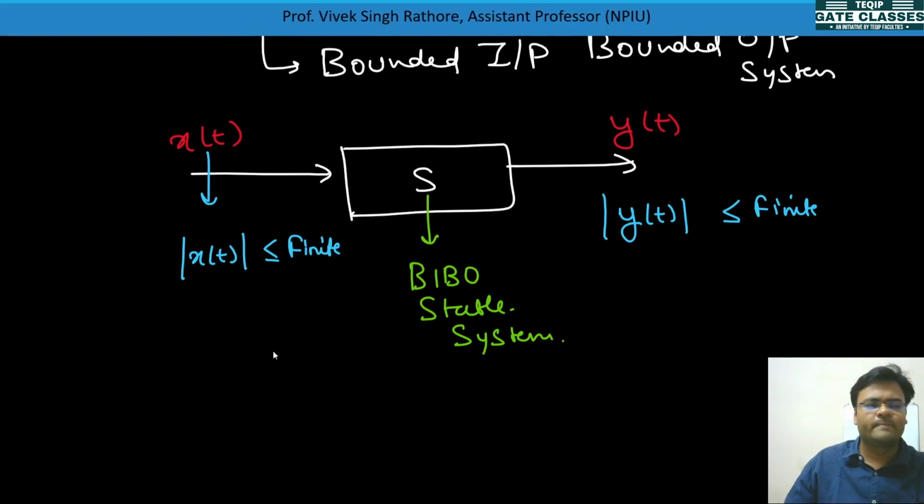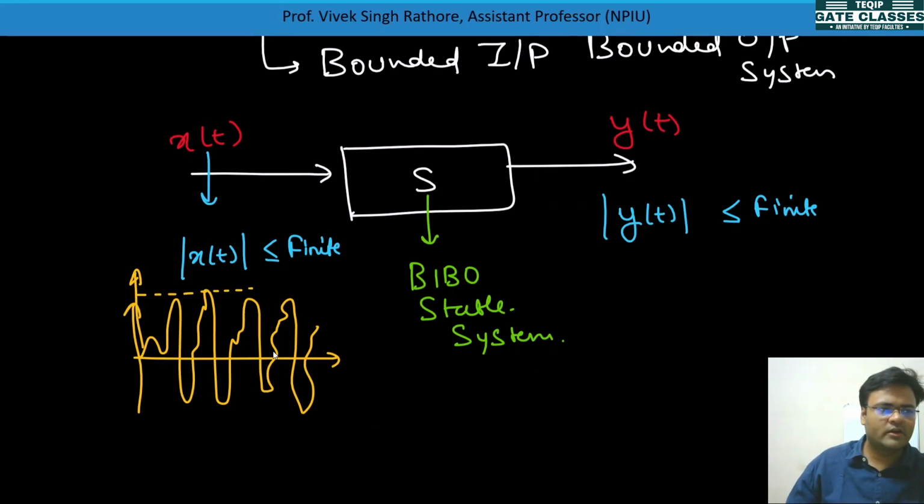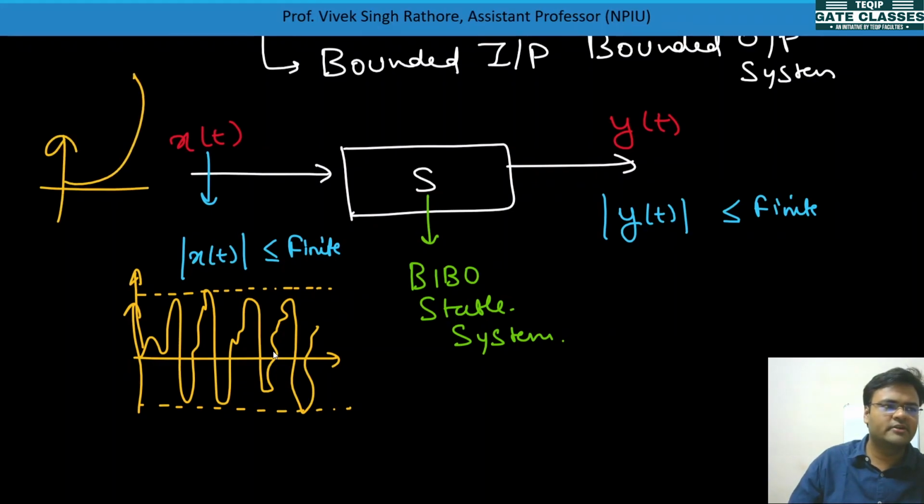I'll tell you one example. See, this type of signal you'll take. Let's suppose some values are there, but you can see this signal is bounded somewhere. Its amplitude is bounded. It is not going like this, it is not going like this, that would be an unbounded signal.